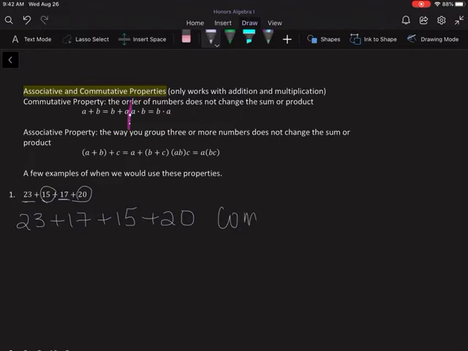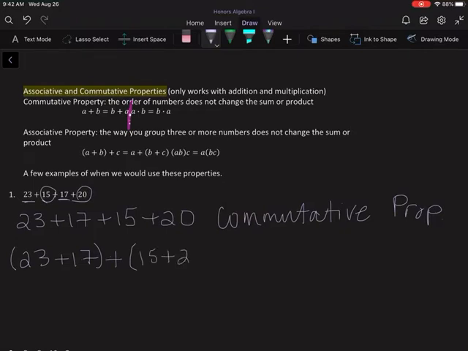And a lot of us do this in our head, but this is the commutative property. And then I group them. 23 plus 17 plus 15 plus 20. That's the associative.